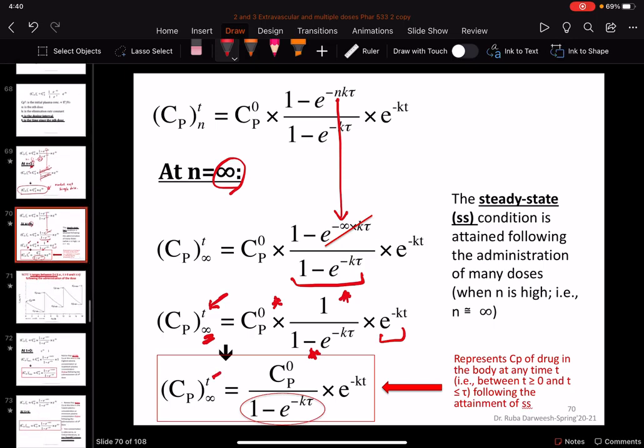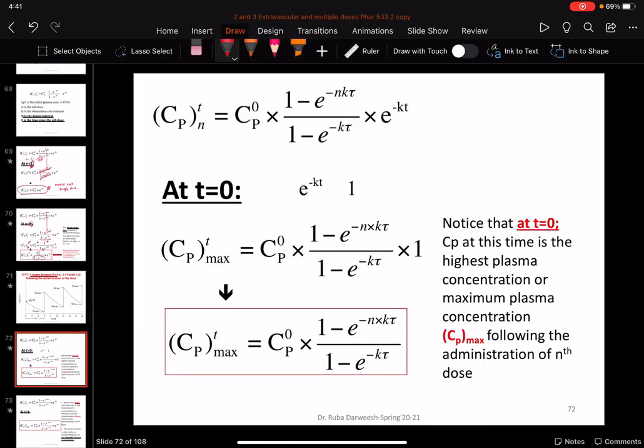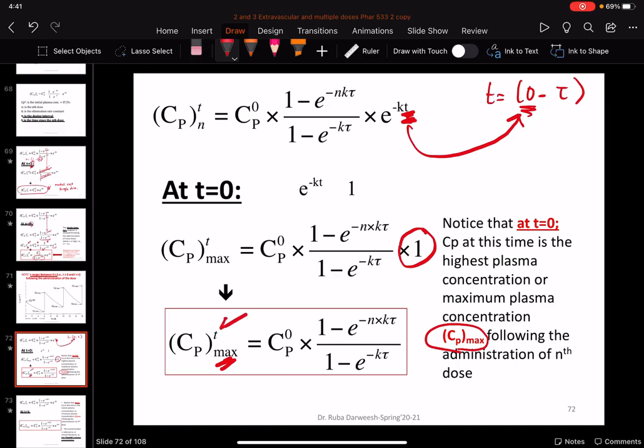So if we are talking about the time, again, the time for each nth dose could be 0 or tau. At 0, we are talking about the CB max or the peak, which means that I need to substitute the time here with 0. And when you substitute the time with 0, it means that this term would be 1. Then accordingly, this is the CB max for the nth dose. No, it's not max at any time, we need to correct this.